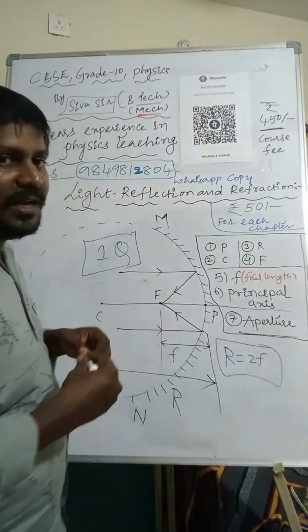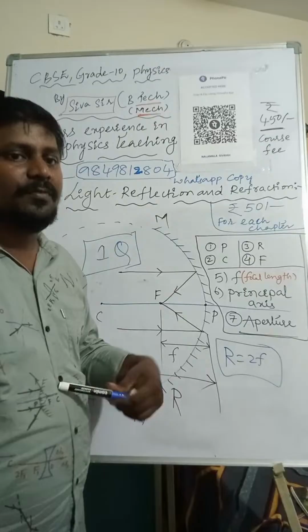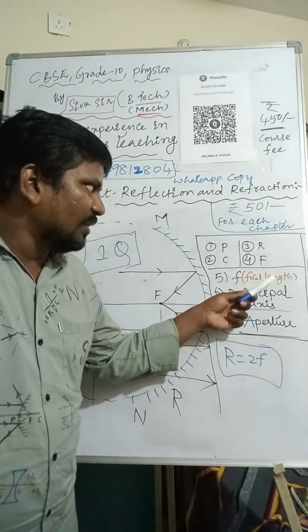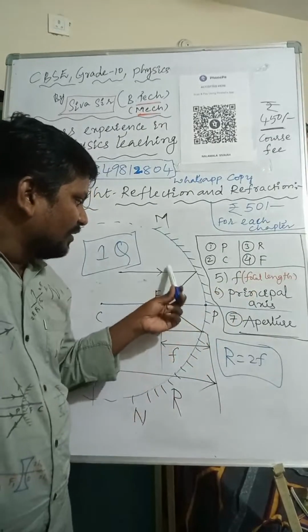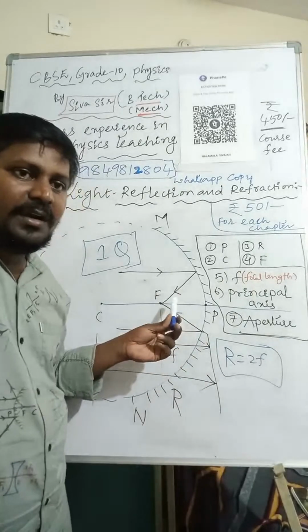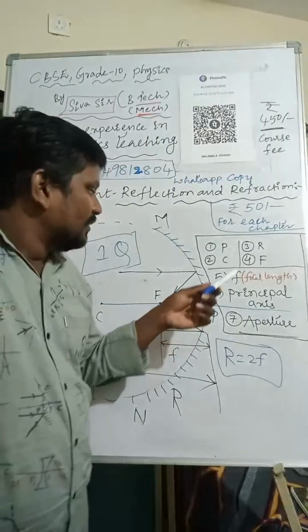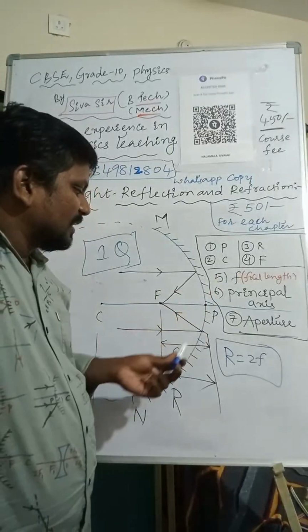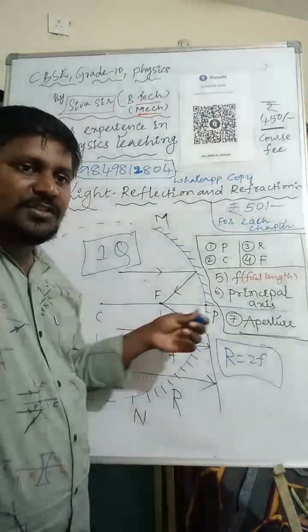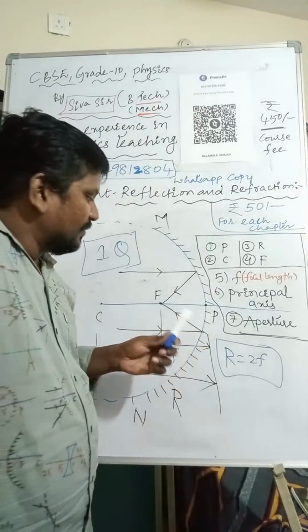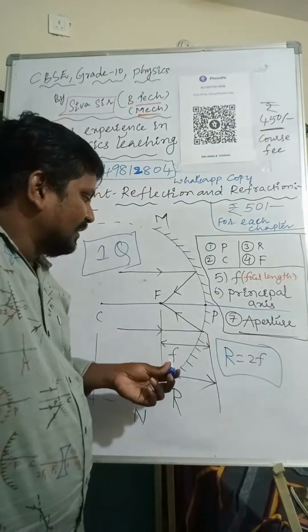Capital F is the focus, small f is the focal length. After reflection, light rays will meet at one point on the principal axis, that is called focus, principal focus. The distance between focus and pole is called focal length.